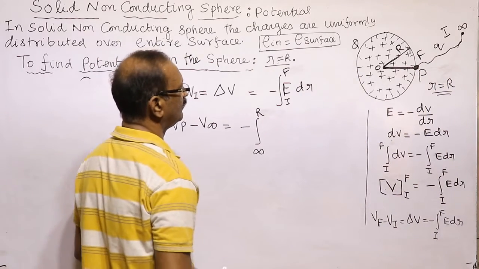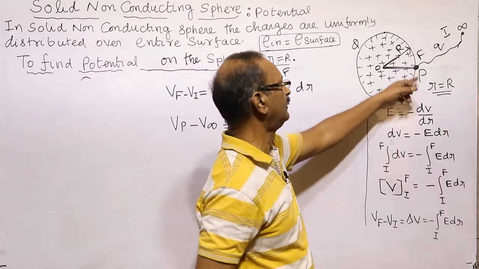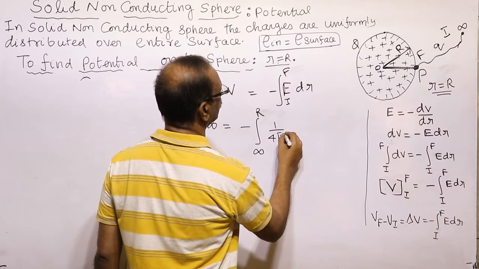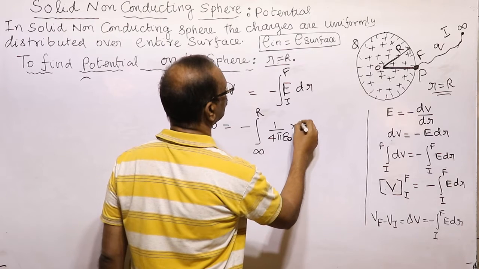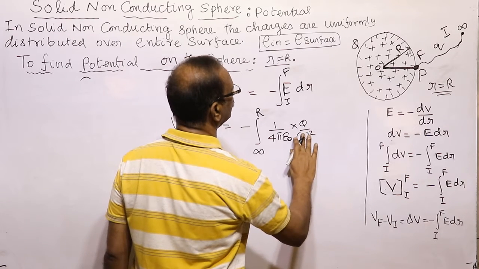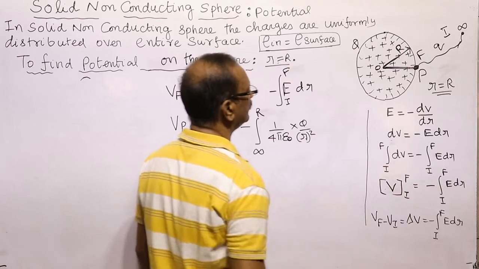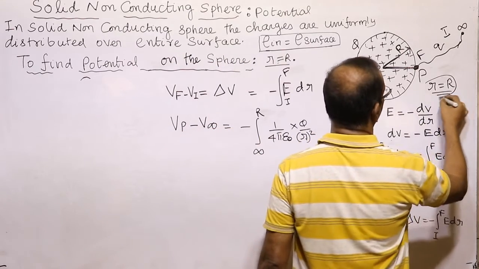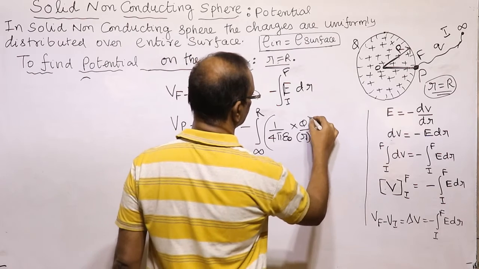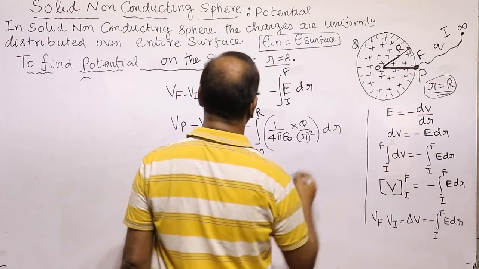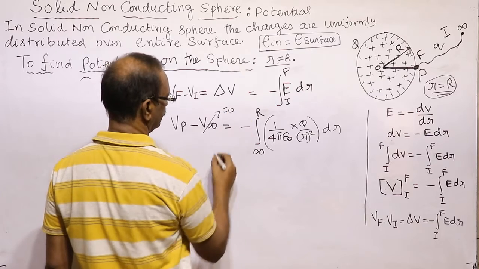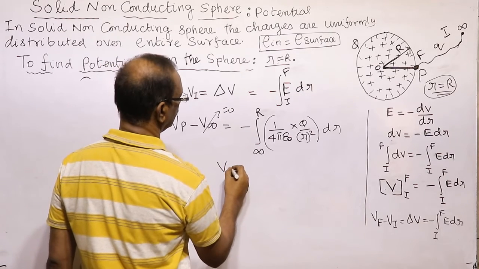What is the electric field at this point? Electric field is equal to 1 by 4 pi epsilon naught into Q divided by the distance squared. Here the distance is R, so R square, into dr. We know V at infinity is equal to 0.